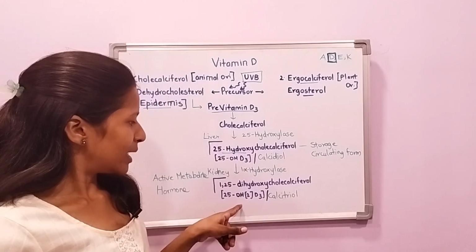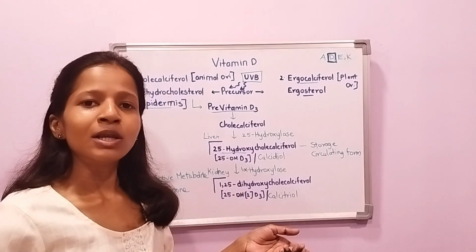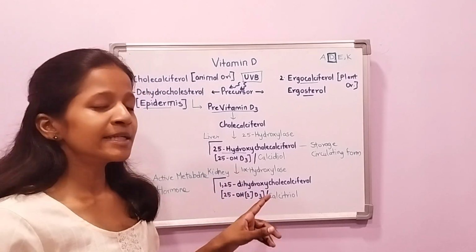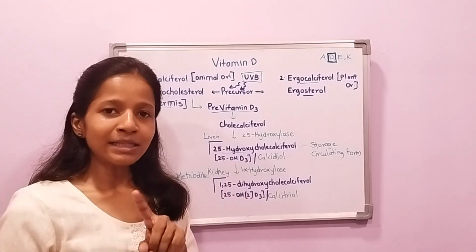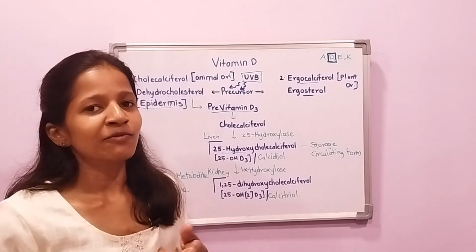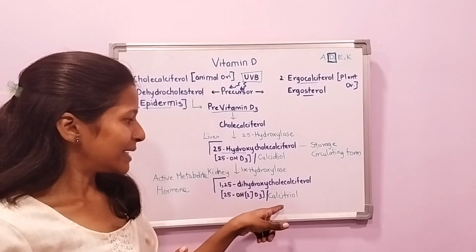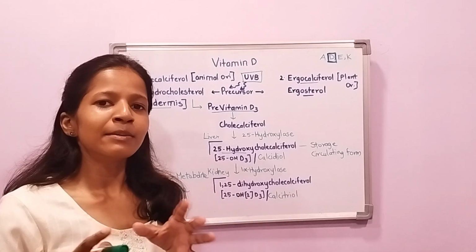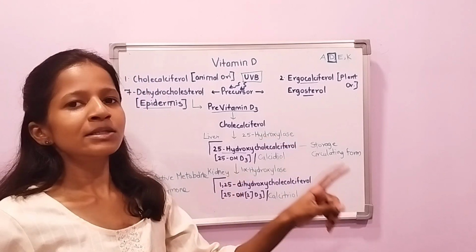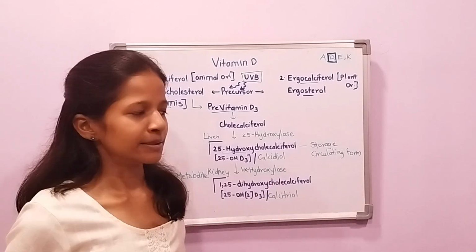This form, 1,25 calcitriol, has a shorter half-life, and the amount of calcitriol present in the blood is being tightly regulated by parathyroid hormone and levels of calcium and phosphorus in the blood. So if we test this, it's not really a reliable measure of the amount of vitamin D. That is why calcidiol is the form that we are testing in our blood.